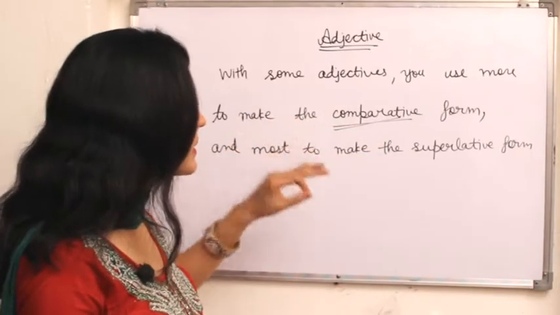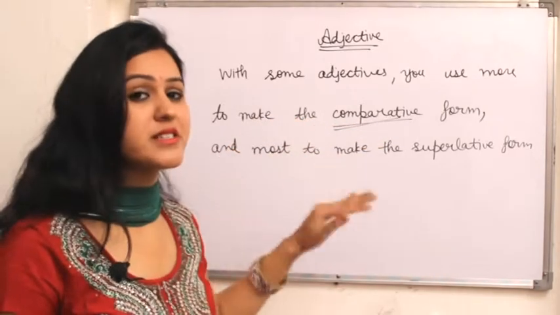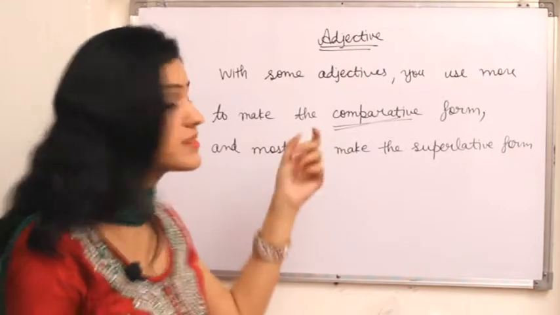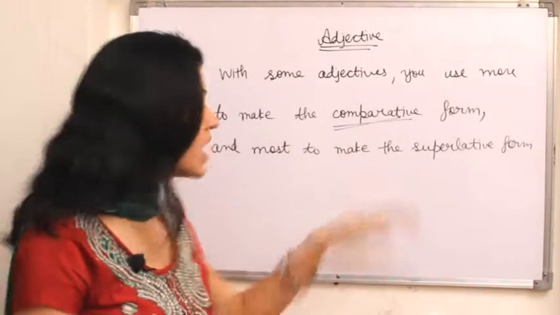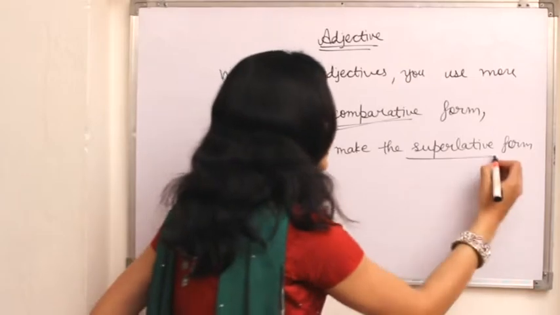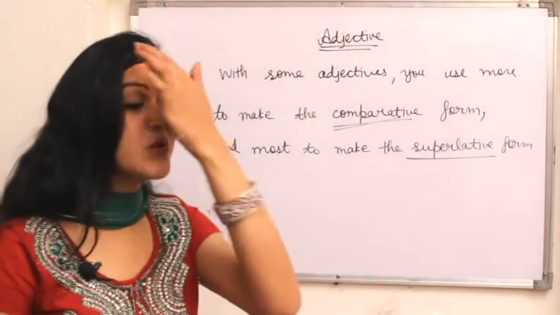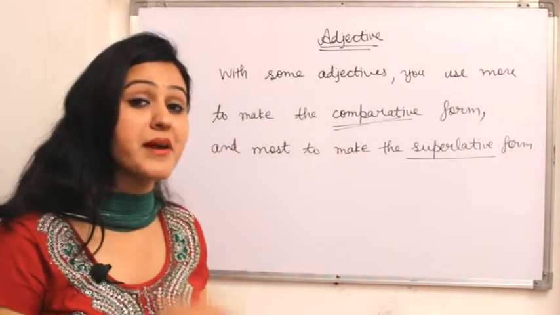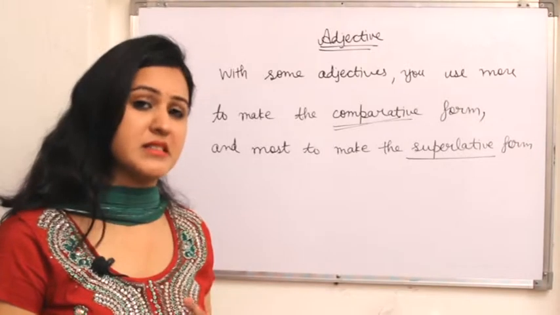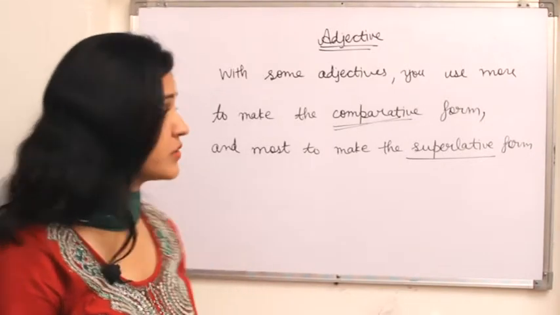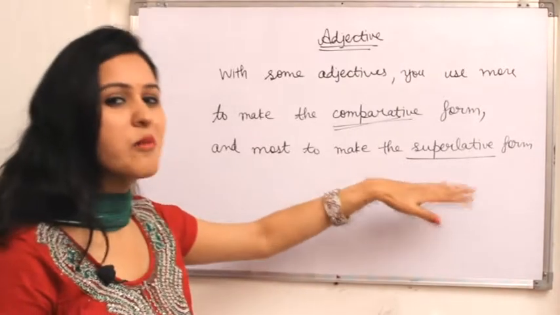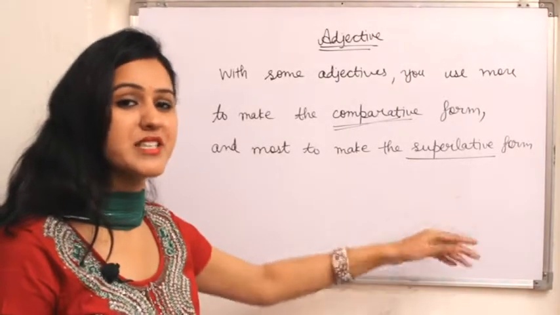It means that when you're talking about a comparison of two persons, it is in the comparative form. But now I'm talking about superlative. It means that when you are comparing more than two persons, like three, four, this form is counted as superlative form.